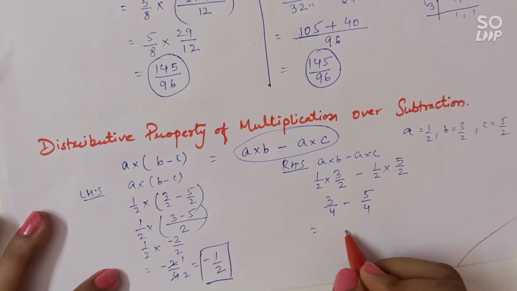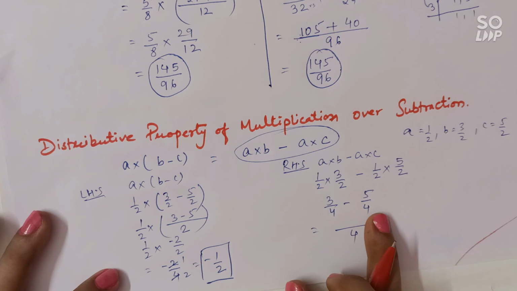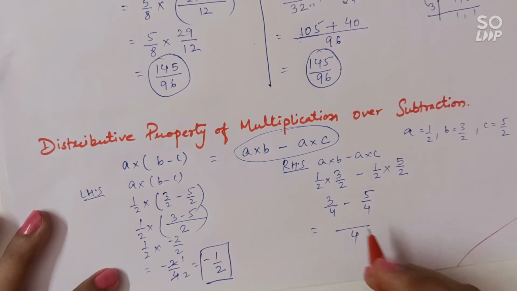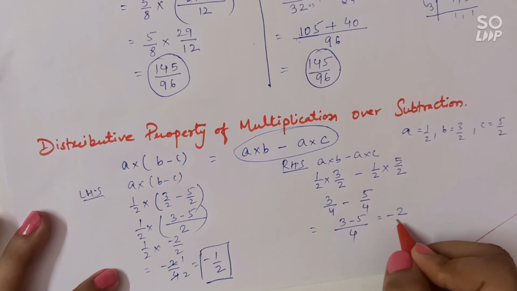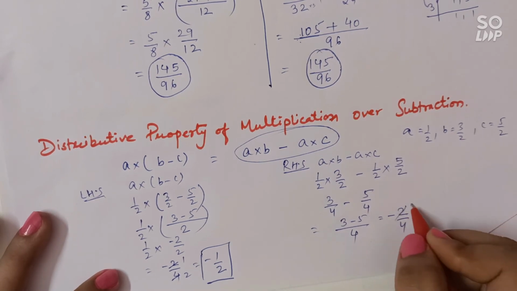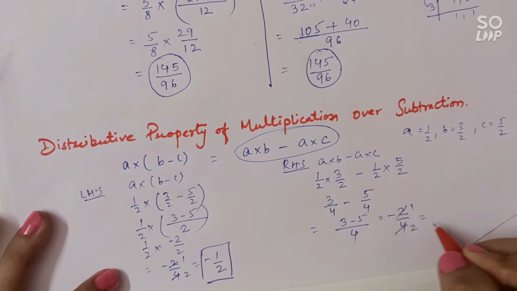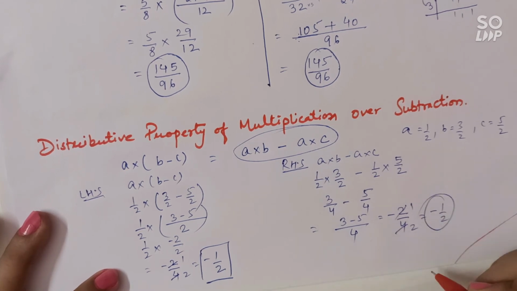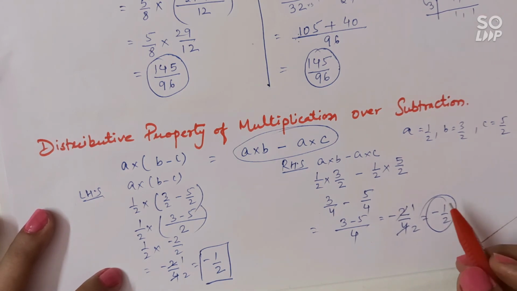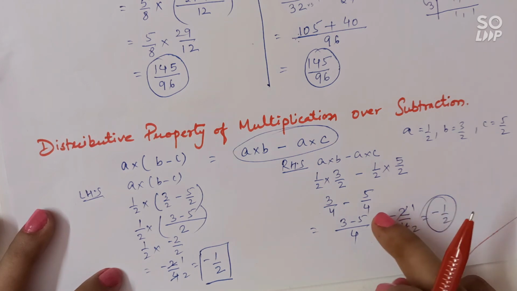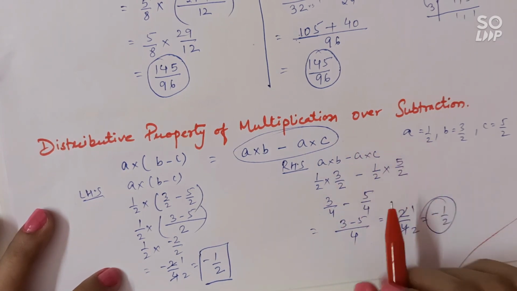Here the denominators are same, so we'll just copy down the denominator, and it will be 3 minus 5, that's minus 2 by 4. When we simplify, 2 1s are 2, 2 2s are 4. Again we are having the same result. So we can say that multiplication of rational number is distributive over subtraction of rational number also.